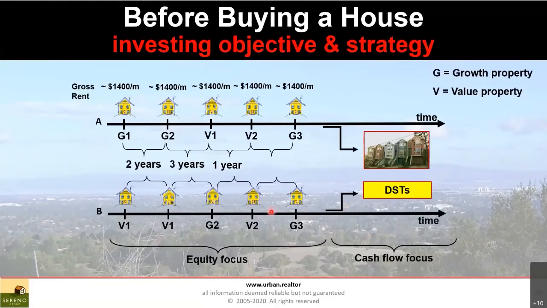And you can transition, if you want, from single family homes, which are basically what is being advocated, to a multifamily or to a DST, a Delaware Statutory Trust, which is basically an investment in real estate without all the hassle of maintaining a mortgage and finding new tenants and so forth.